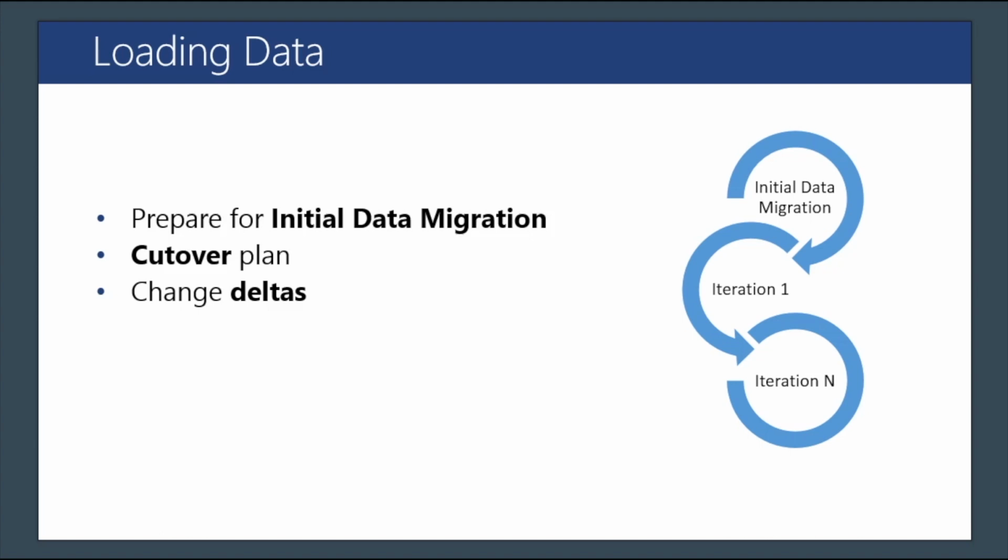And then when you define when you're going to cut over the old system, let's say a Friday evening, you're going to migrate all the deltas, that's all the data that has been changed, created, or even deleted from the 1st of January until the day of that cutover. That's what we usually call an iteration or a delta.